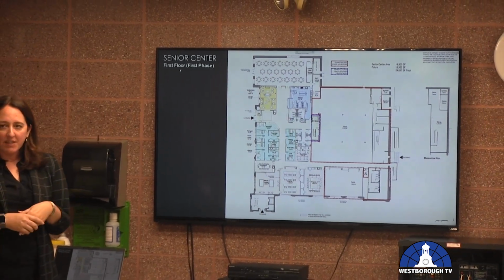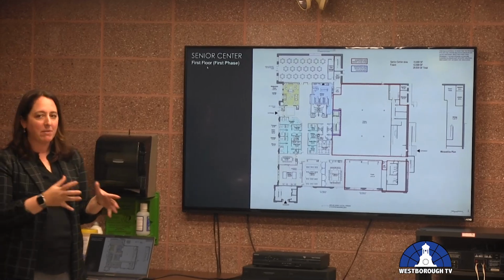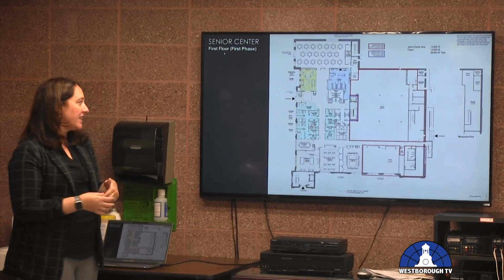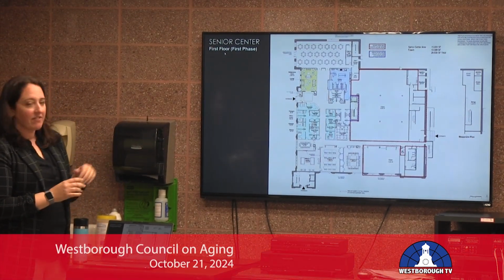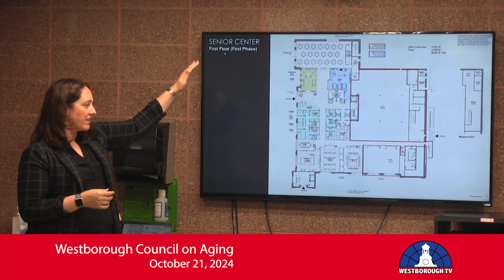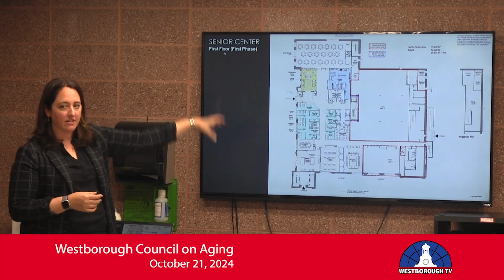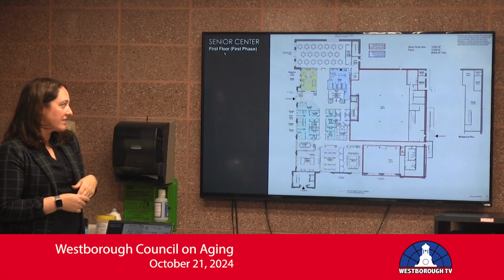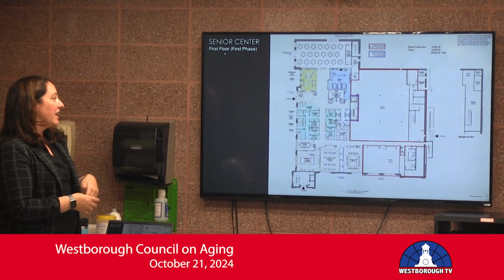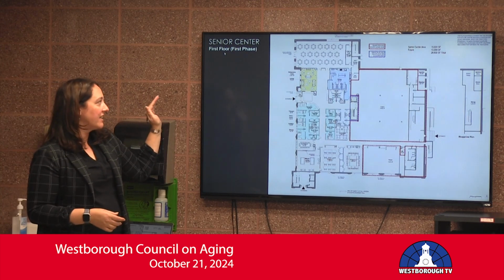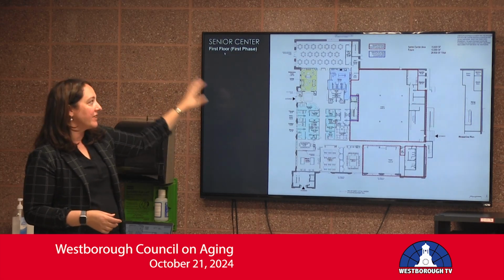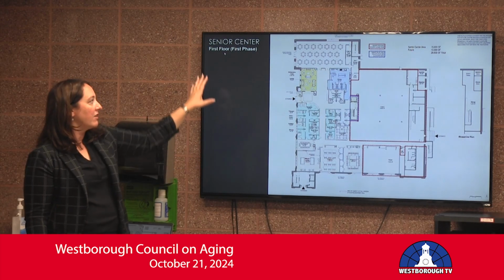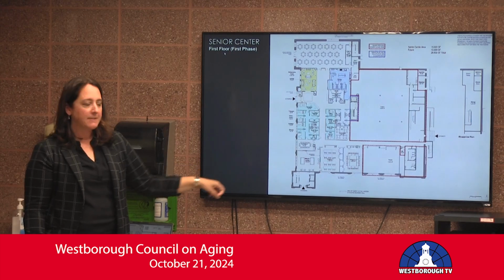As we worked through cost estimates and identified how we might want to phase the project, being cognizant of the tax burden, we're currently proposing a phase 1, which would just be the senior center here with the colored in space. So that's proposed for phase 1. And the article that's coming before town meeting tonight is to fully design this 100% through bid documents so we know the actual cost of construction for this project that's being proposed.